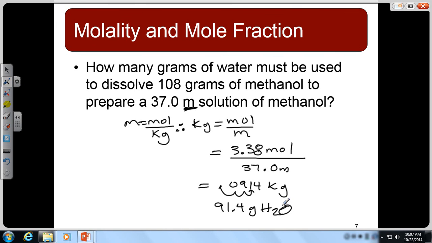But if I needed to make a 37 molality solution, that's what my procedure called for, and I know that I have 108 grams of methanol in my chemical cabinet, I need to know how much water I need to use. It's very, very useful. Then I just measure it out. I can do the mass there. I could also use the density and get my milliliters if I wanted to.